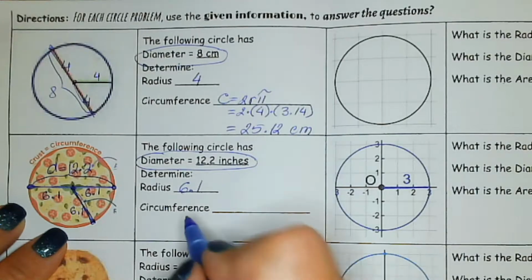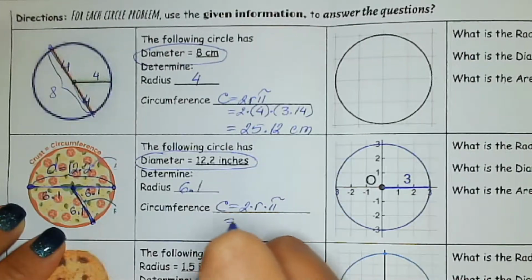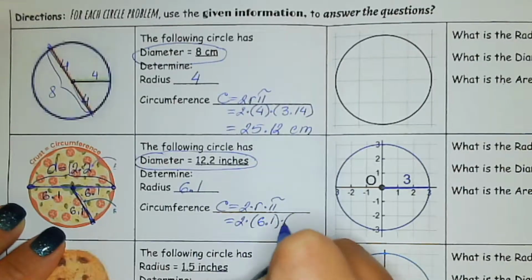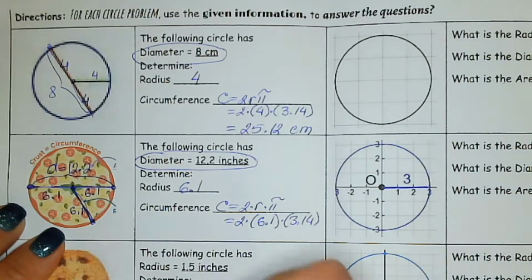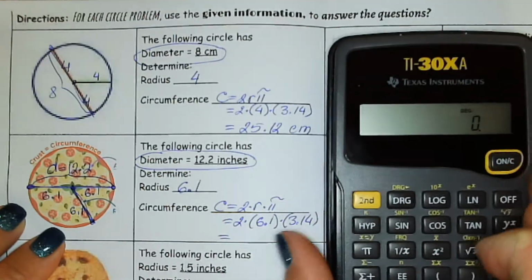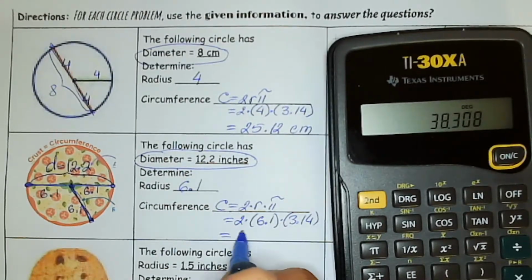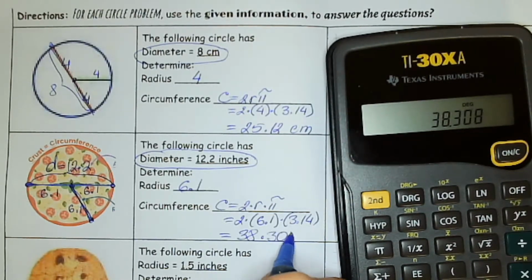To find the circumference, we need 2 times radius times pi. So 2 times radius, 6.1, times pi, 3.14. Multiply. 2 times radius, 6.1, times pi, 3.14 equals 38.308, and that would be inches.